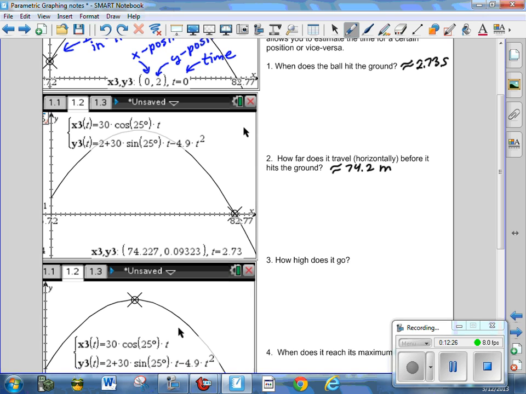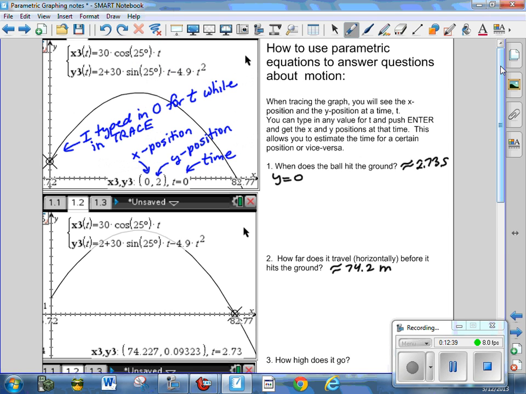Now, if I want to find out exactly when it hits the ground, I need to solve an equation. I know that when it hits the ground, y is going to equal 0. So I'm going to use my y equation. I'm going to scroll back up. Notice here are my two equations. I'm going to put in 0 for y and solve for t.